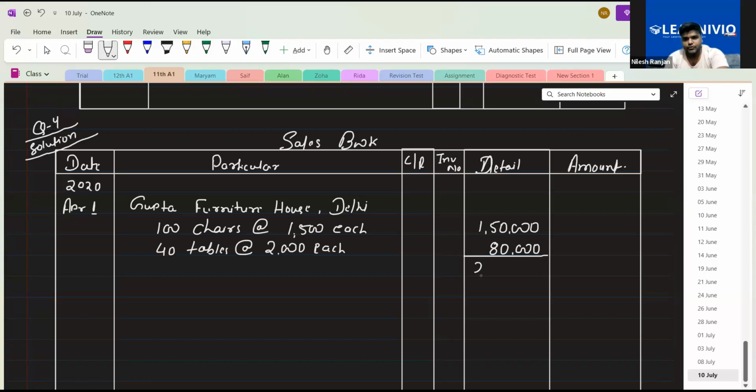It is 2,30,000 and minus trade discount. So 2,30,000, 11,500. So it will be 2,18,500.